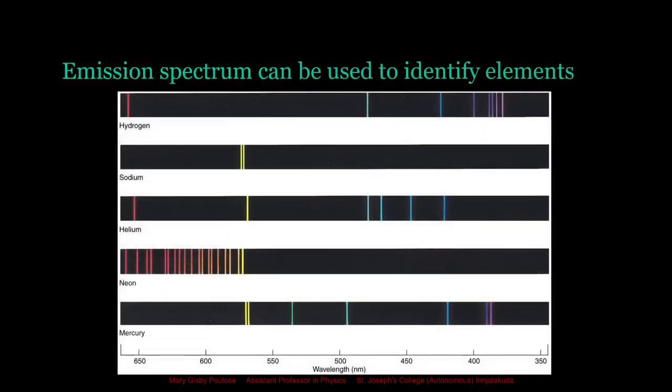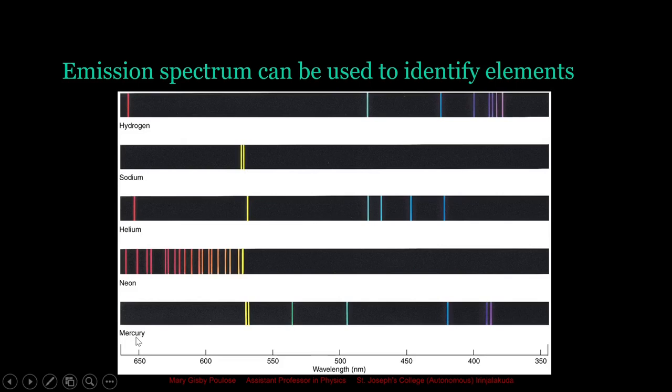Now different elements have different emission spectra. This spectrum is a fingerprint for different elements. In hydrogen, we can see that its emission spectrum has a red line, a green line, a blue line, and several violet lines. The sodium emission spectrum has a characteristic two yellow lines, yellow 1 and yellow 2. Likewise for helium, neon, and mercury.